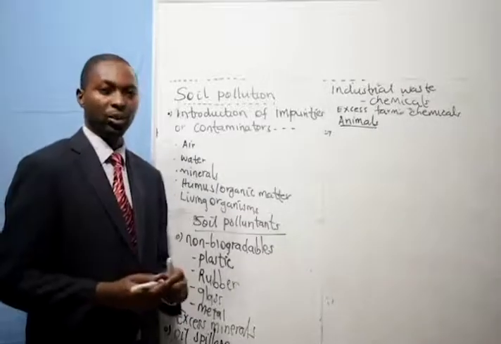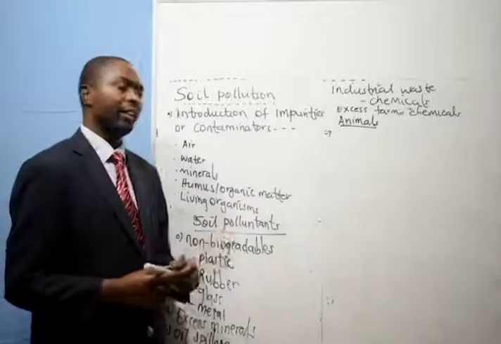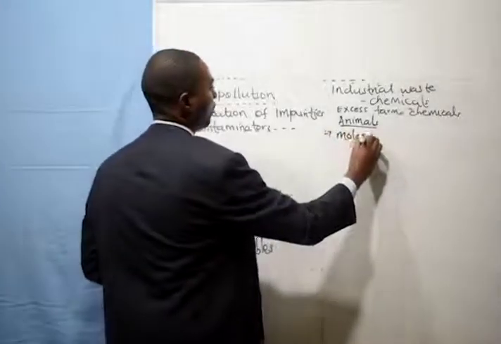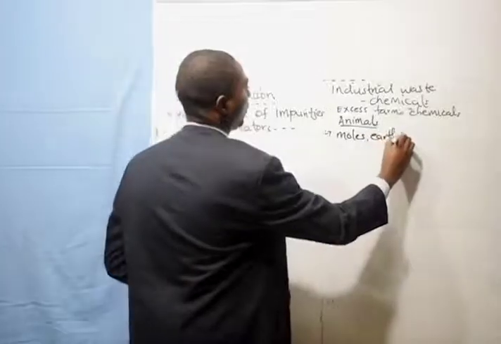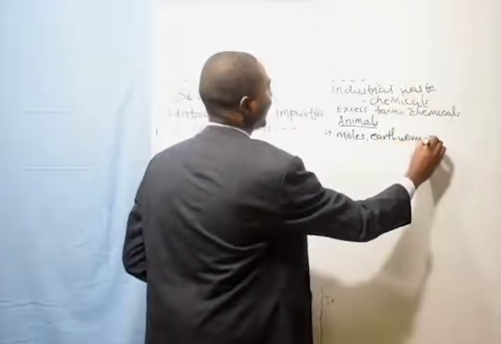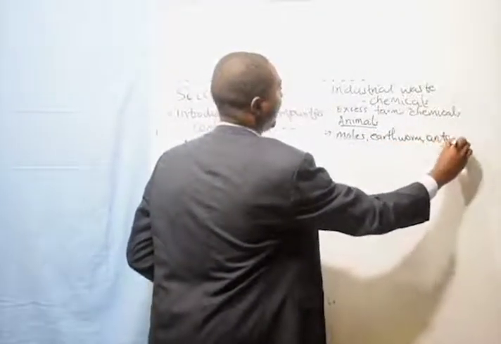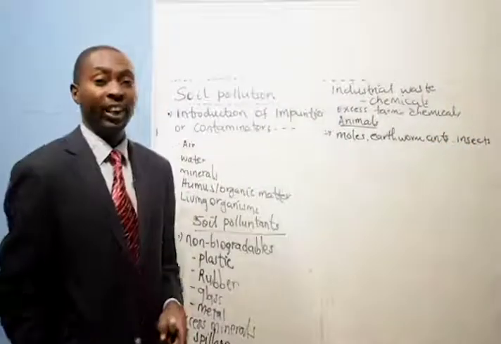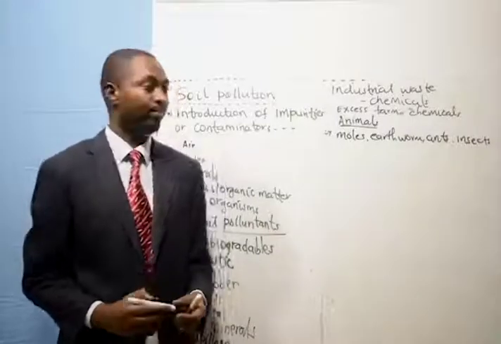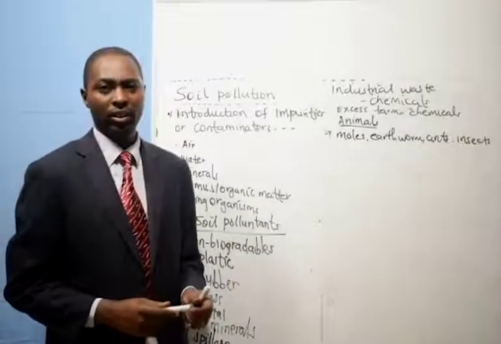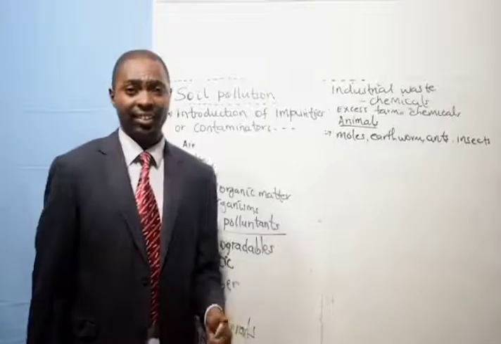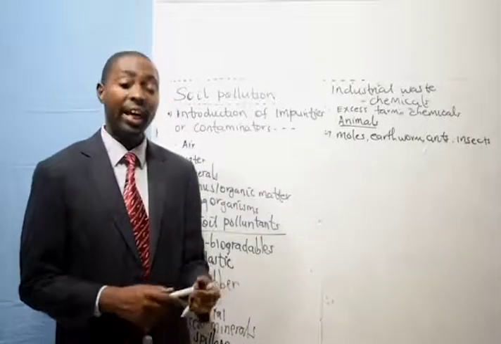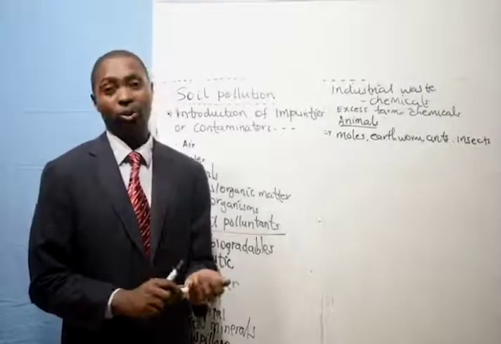How do you affect the animals? There are many animals that live in the soil, the likes of moles, earthworms, ants, insects. The moment you use excess fertilizer or industrial chemicals, these animals die, and they are very important in the soil. They help in proper aeration of the soil.